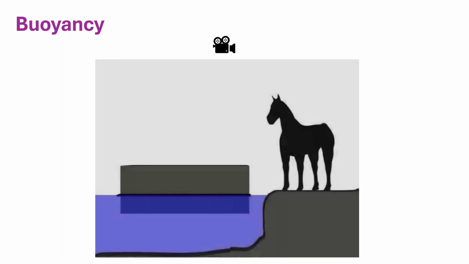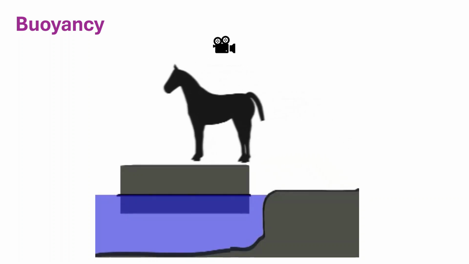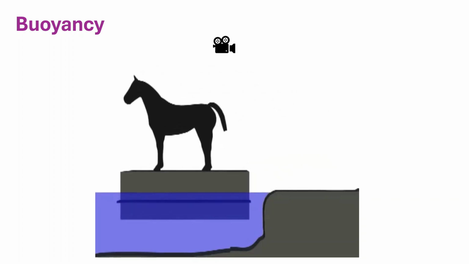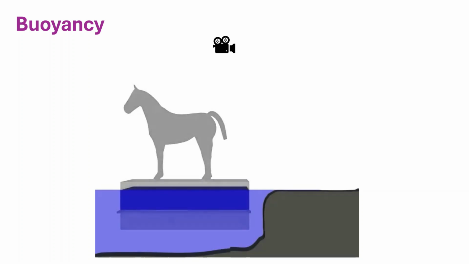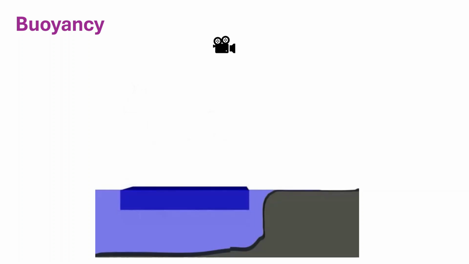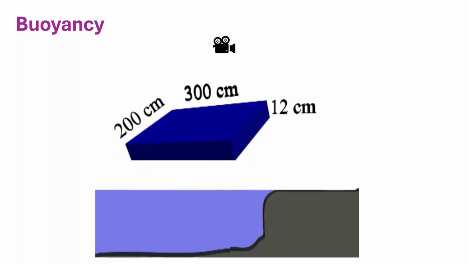The barge, before the horse is loaded, is sitting at this level. It has displaced water equal to its own weight. When the horse jumps aboard, the barge sinks another 12 centimeters. The volume of water displaced by the weight of the horse is a rectangular prism, 300 centimeters by 200 centimeters by 12 centimeters.